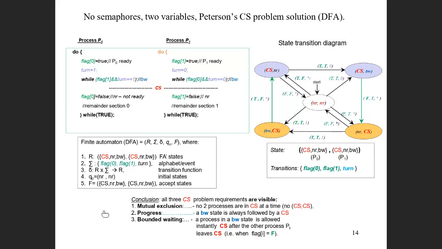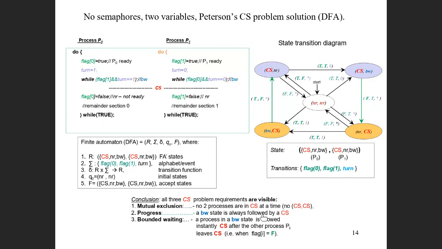So, in conclusion, the critical section problem requirements are visible. Mutual exclusion is satisfied because there is no state with both in the critical section. There is no situation in which both processes are in the critical section.